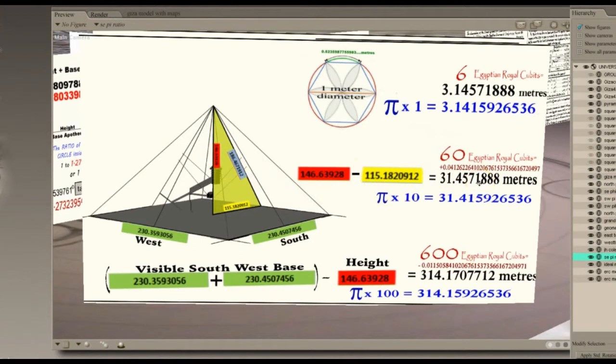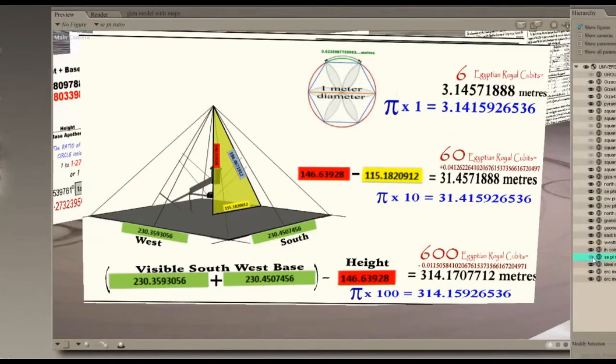That points us back over to the southeast corner. So what we see here is if you take the height minus the base, or the half base, 115.182 meters, we get pi times 10 meters. The proportion here, where we see the maximum visible base minus the height, we get pi times 100 meters. And again, it's so close, well within acceptable margin of error.